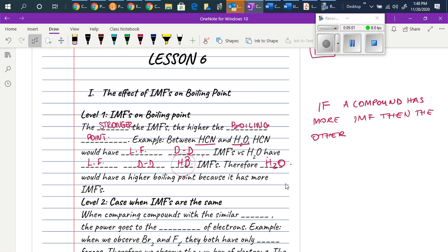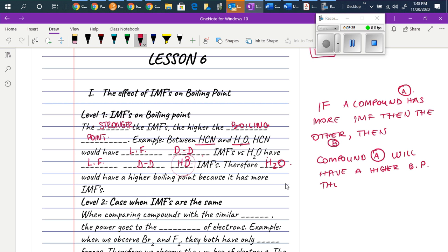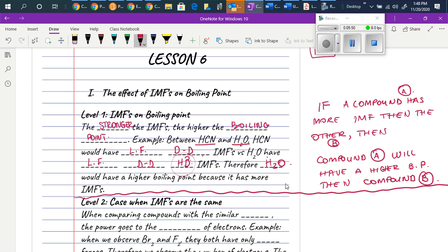let's say compound A has more intermolecular forces than compound B, then compound A will have a higher boiling point than compound B. So if we see that of two compounds, one has more intermolecular forces, then we can say that this compound will have a higher boiling point.